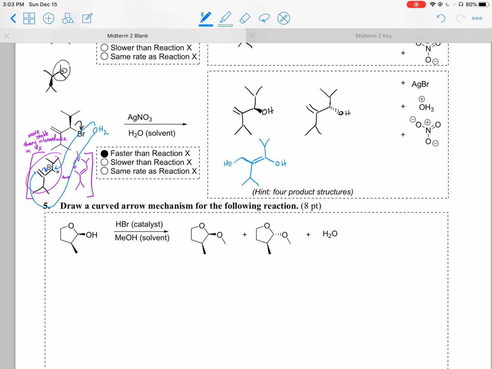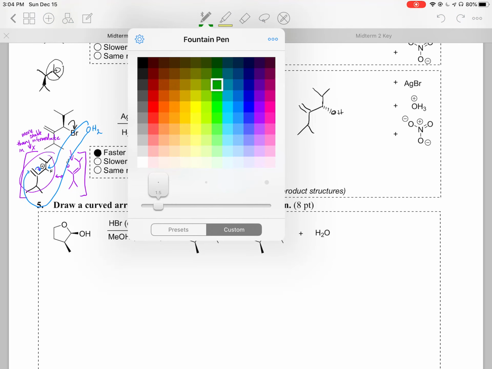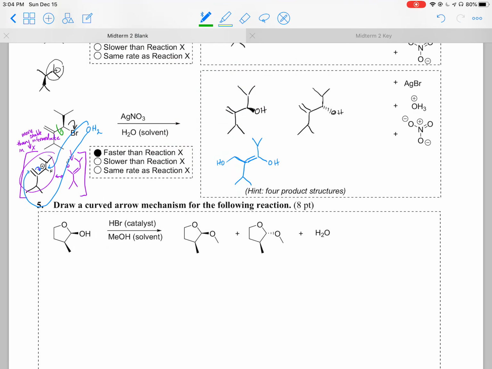And then the other one is, if we rotated this starting material from the beginning so that we have a double bond, isopropyl, and then this isopropyl and the bromine.